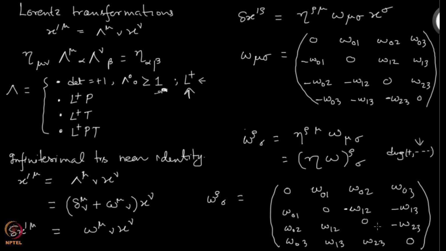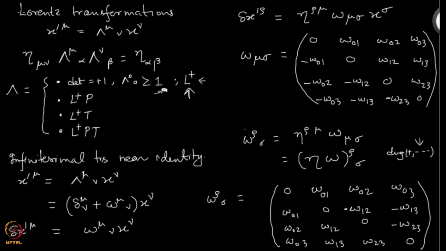So this is what the matrix would be. Remember that all these omegas which we have written, there are 6 of them which are independent. The lower half is completely determined by the upper half.